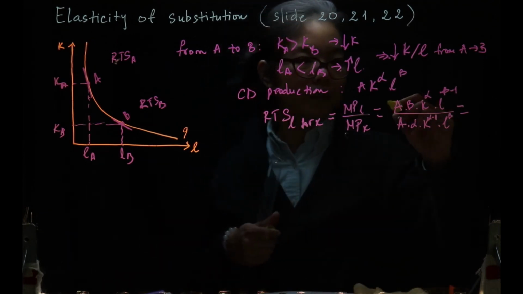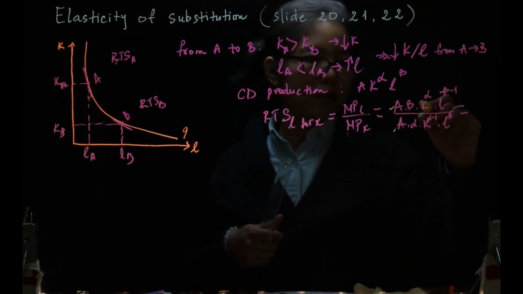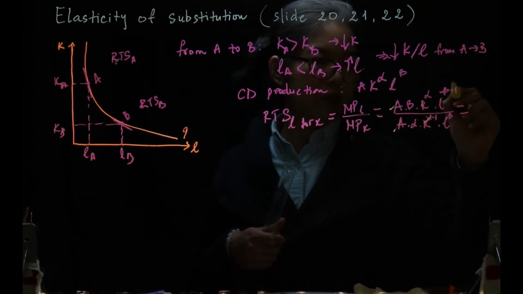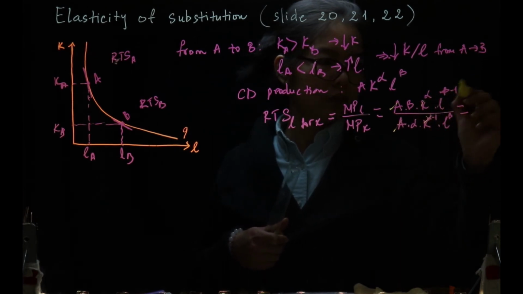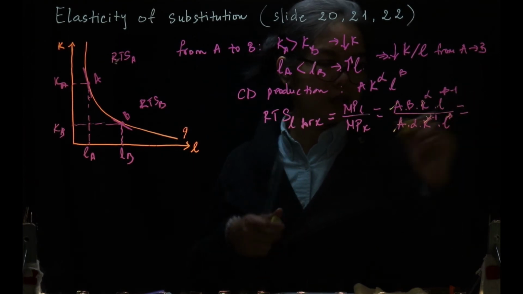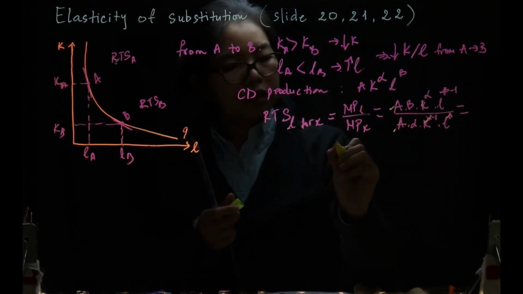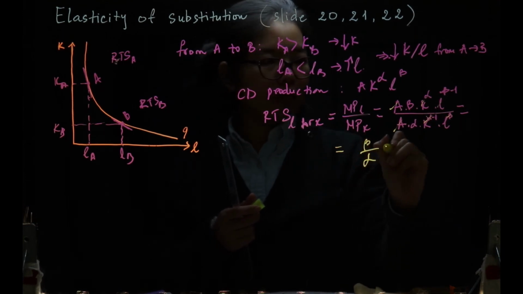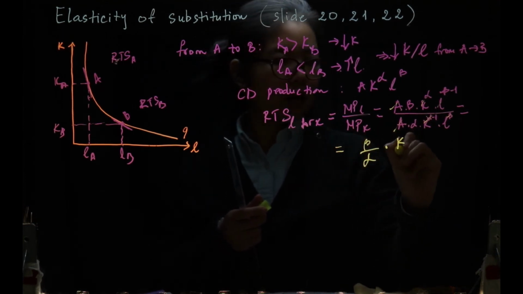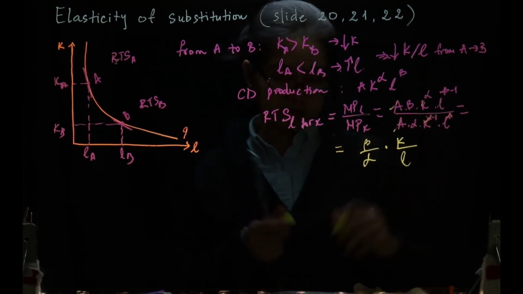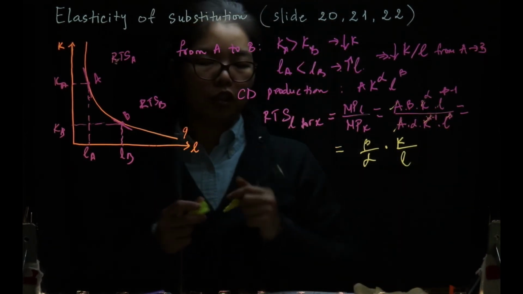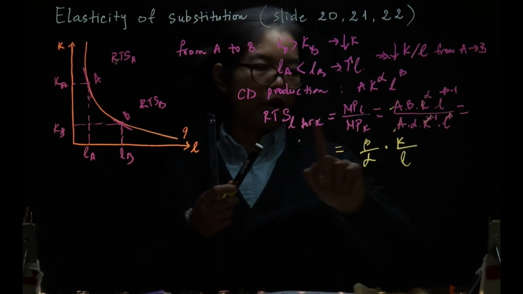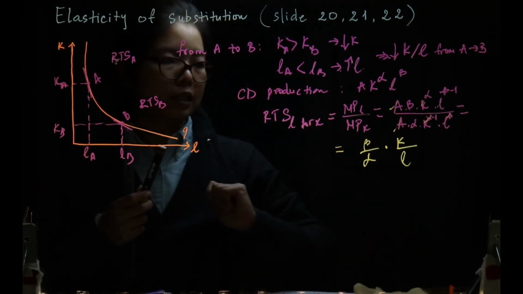Simplify. Here we simplify everything, and here you also can simplify everything. So at the end you would have beta over alpha times K over L. This is the marginal rate of technical substitution of K for L with the CD.